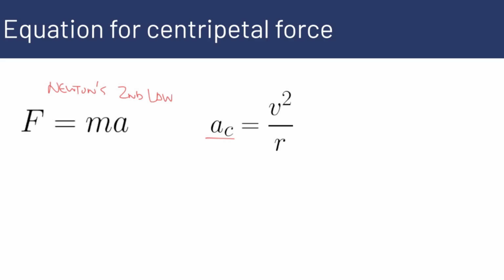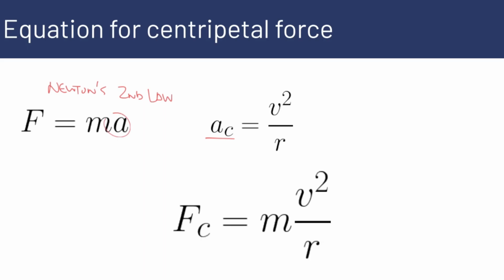We're going to replace the acceleration in Newton's second law with this acceleration, and we end up with our centripetal force. F sub c, which is our centripetal force, is equal to mass times v squared over r.